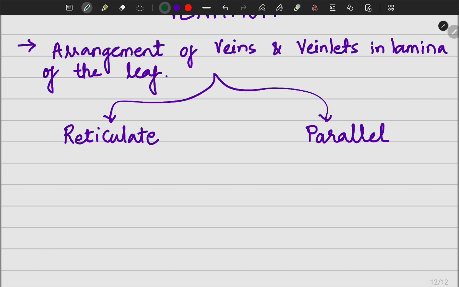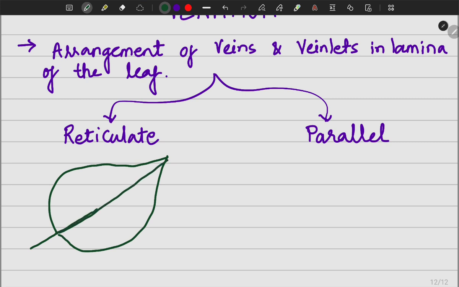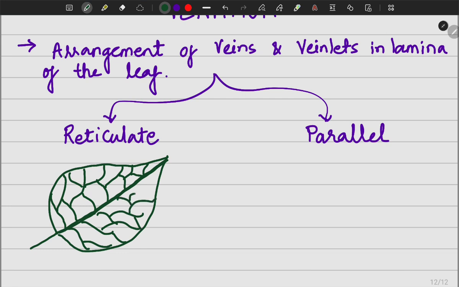For example, let us understand with the help of a diagram. This is the petiole, this is the lamina of the leaf, and this is the midrib, the prominent vein at the middle. So if the veinlets form a network like this in the whole lamina at the surface of the leaf, they form a mesh-like structure.